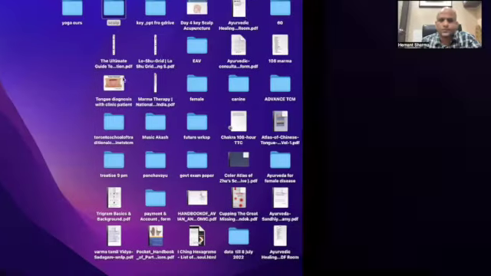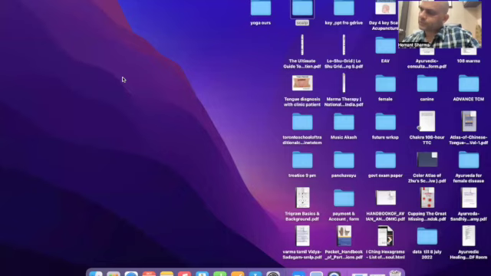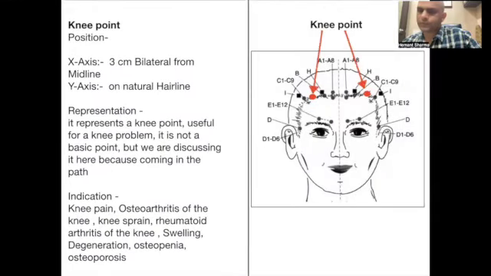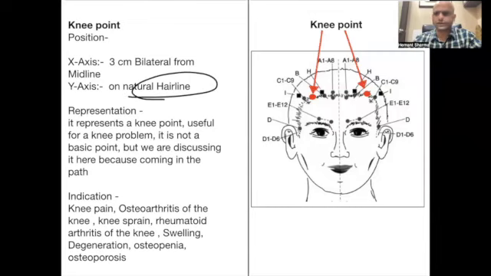So now the third point, that is the knee. Let's see the knee point. The knee point is 3 centimeters bilateral from the midline, and it's also on the natural hairline, just a point on the hairline.